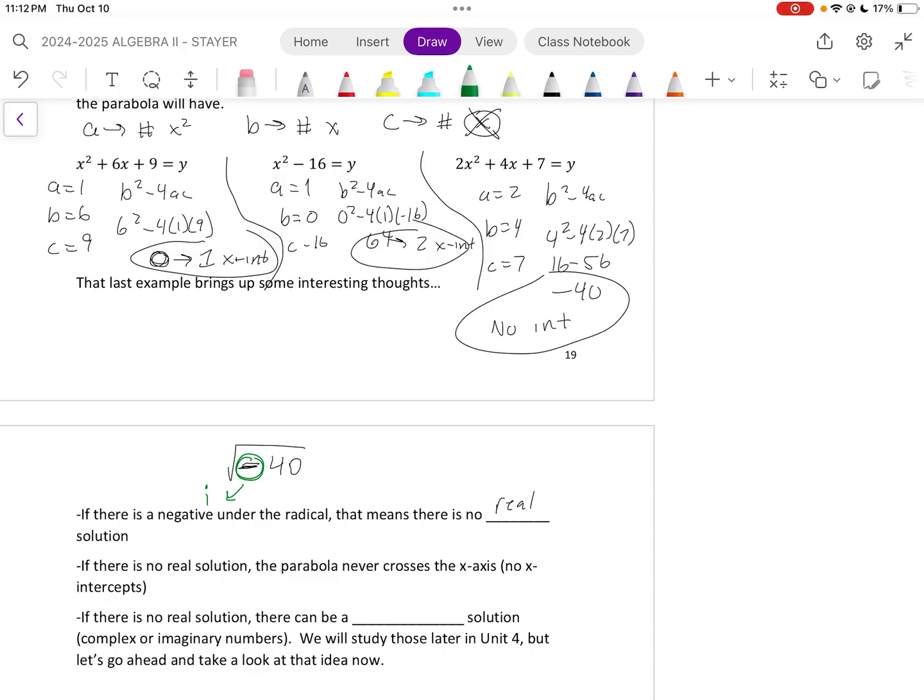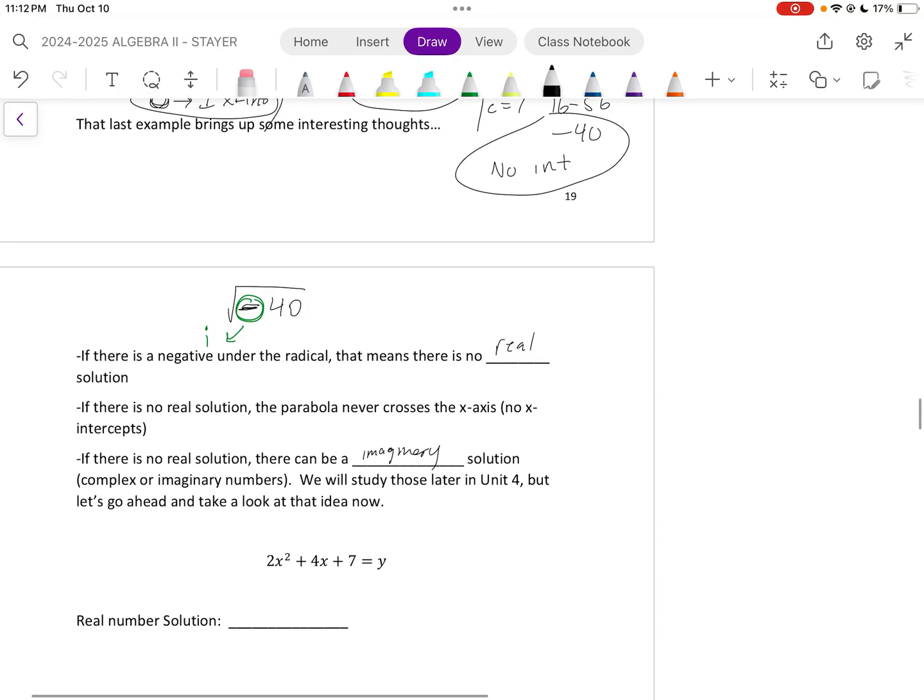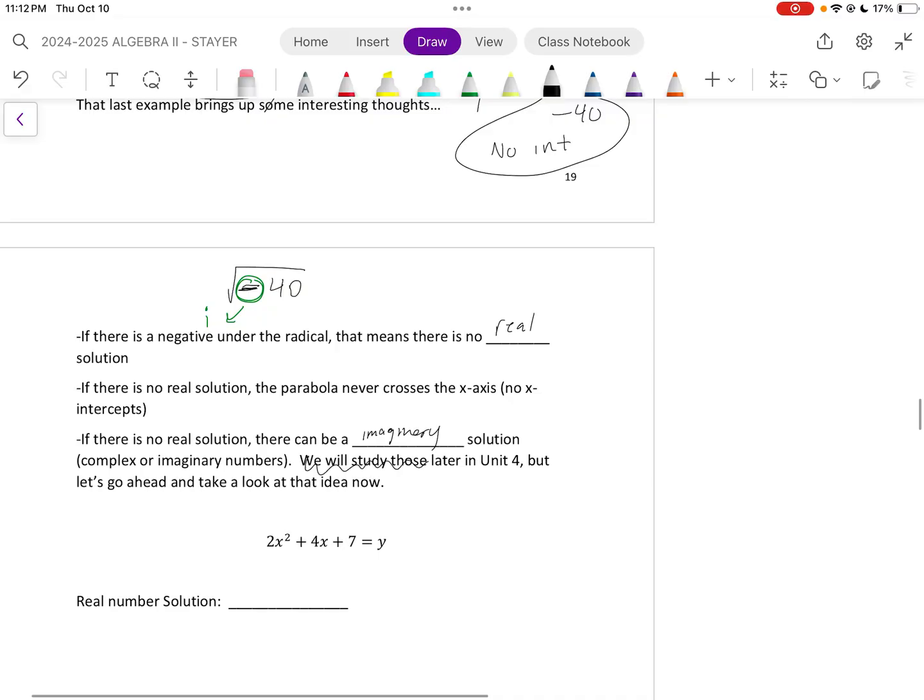And so if there's no real solution, the parabola never crosses the x-axis, which means that there are no actual x-intercepts. So this negative number, and we'll talk about this after fall break, really is underneath the square root. It says if there's no real solution, there could be an imaginary solution or an imaginary number. And that's something that we actually have already talked about.